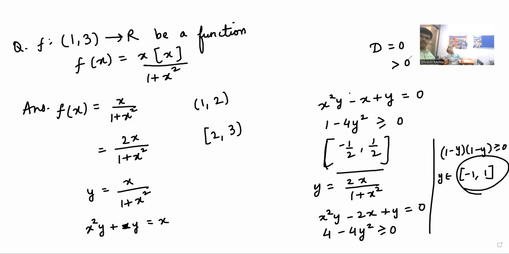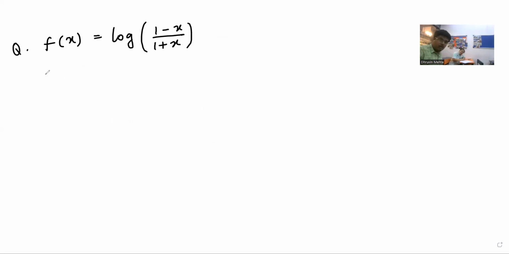Next one, if you are good with log, then you will find it easy. The function is log of (1 minus x) upon (1 plus x), and you have to find the value of f of 2x upon 1 plus x square.